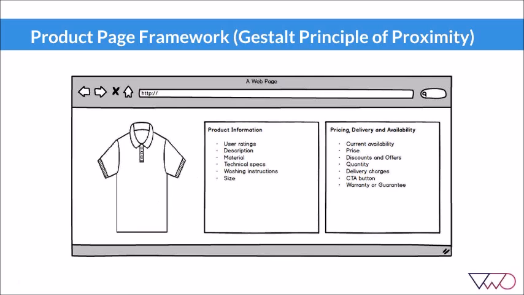So if you look at it now, users in the research phase of their buying journey will find it very easy to understand what the product is like looking at the central part of the page.